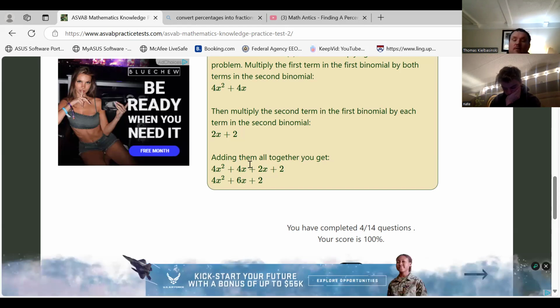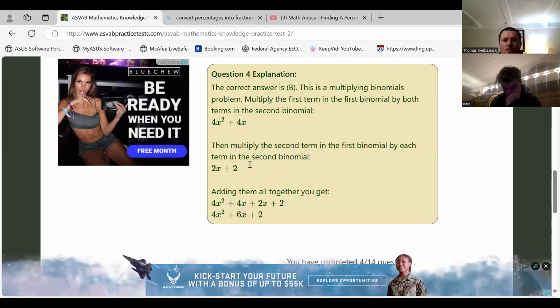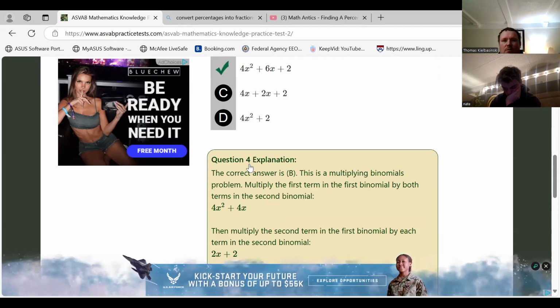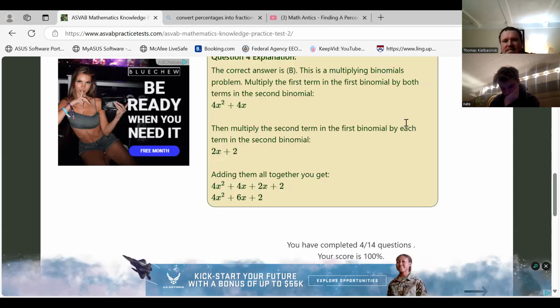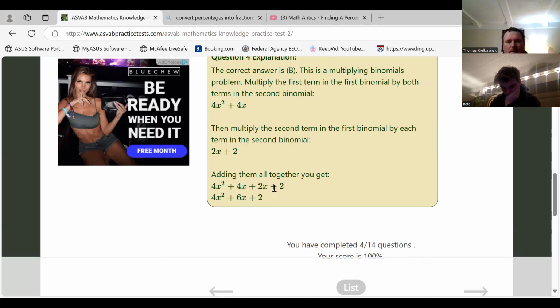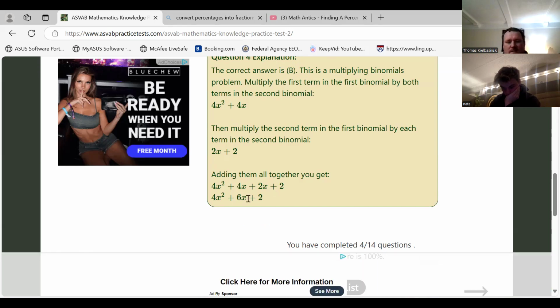Or if you want to, here's what I would do for you. I would write this problem down on a piece of paper, right? Then write this second step right here. This is the first part, this is the second part. You would write this as the second step right here. And then this is the third part for the answer.